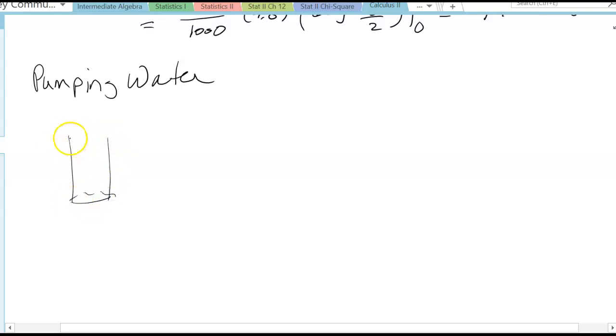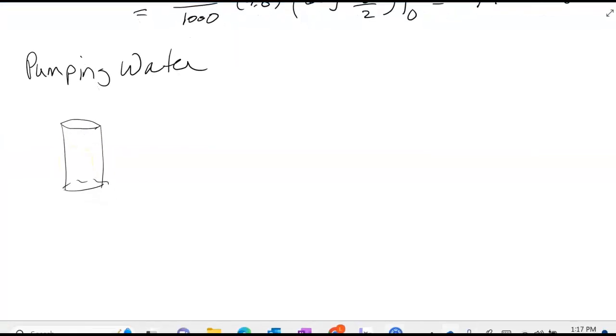Suppose we have water in this cylinder. The cylinder could be full, so at some point it's at various levels throughout. And we want to pump it into something else, right? Into some sort of output.